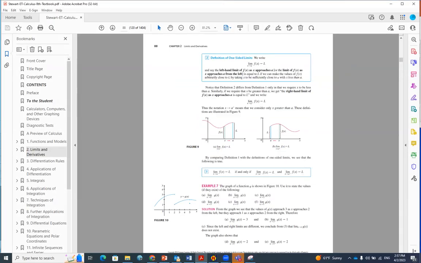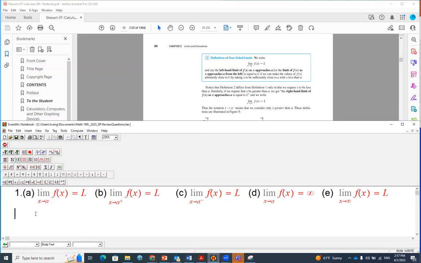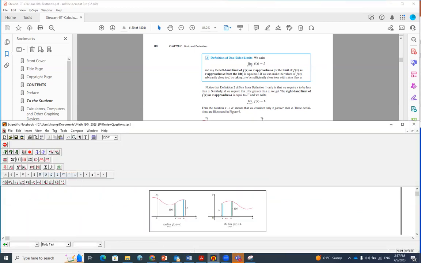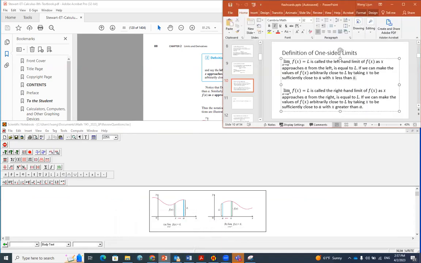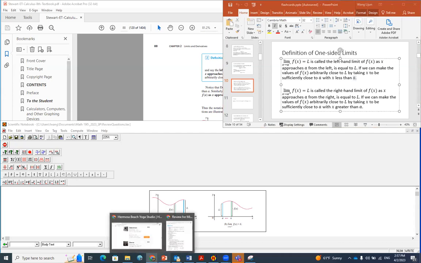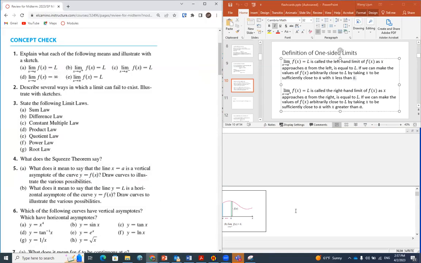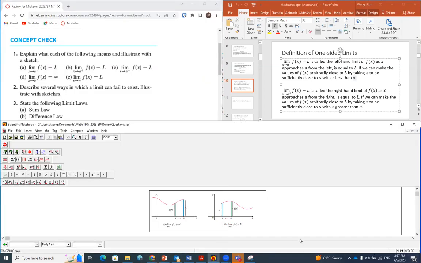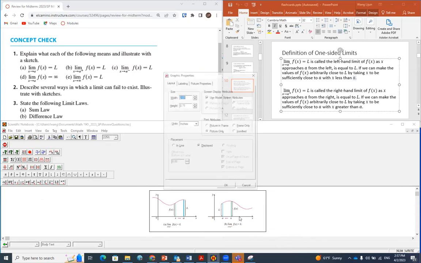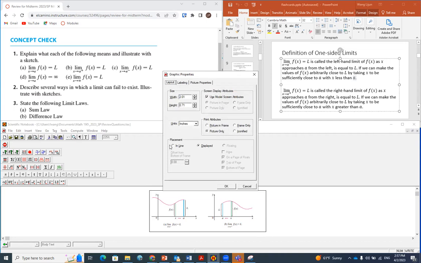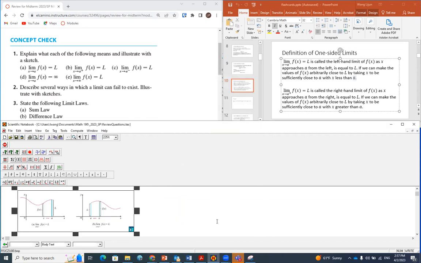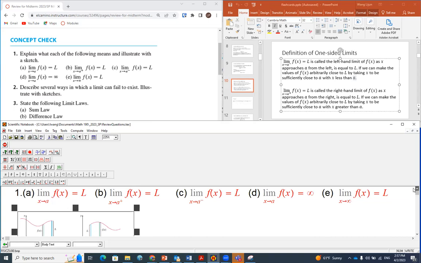For our assumption, we have the flashcard, we have our questions. So these are the pictures approaching from left, approaching from right. Okay, left limit, right limit. So bring those cards together.